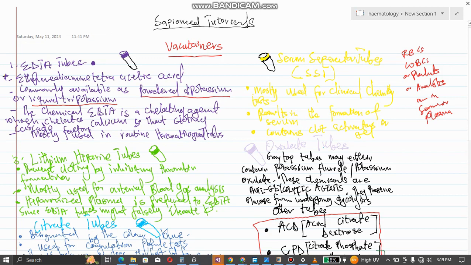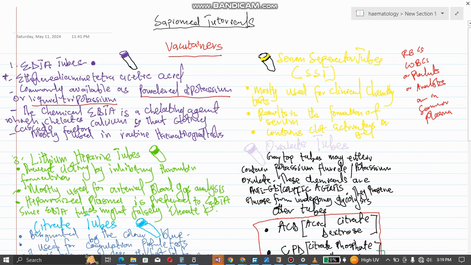As a result, all these blood components may have certain tubes that they have to be placed in based on their function or the role they play, and also based on their preservation as well.